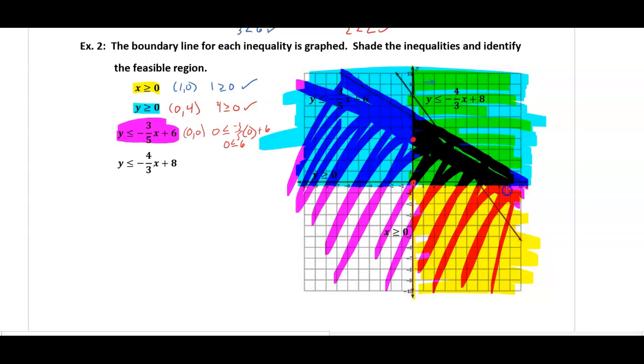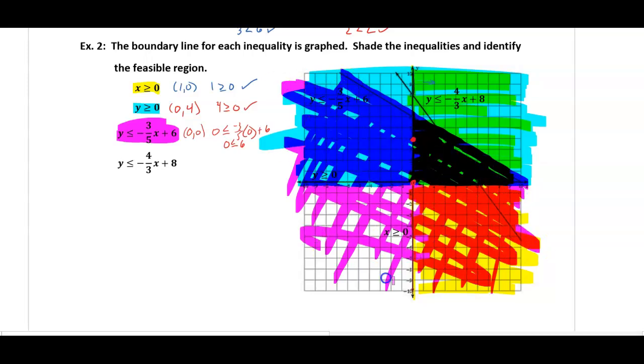Now, the last boundary line, we know, is this one right here. And if I look at (0, 0) there, is 0 less than or equal to negative 4/3 times 0 plus 8? Negative 4/3 times 0 is 0, plus 8 is 8. 0 is less than 8, so we know we're going to shade this way.